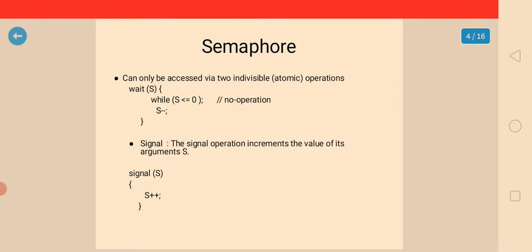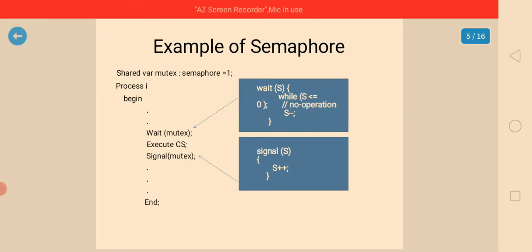Next is signal. The signal operation increments the value of its argument S. So signal(S) open brace S plus plus. Let's close this operation.